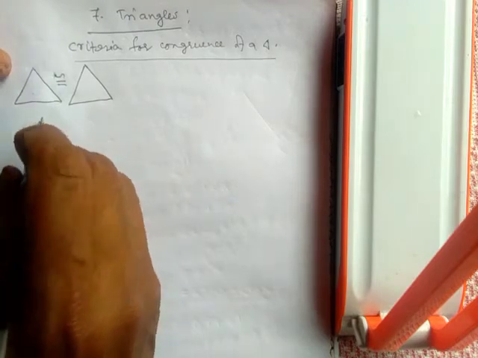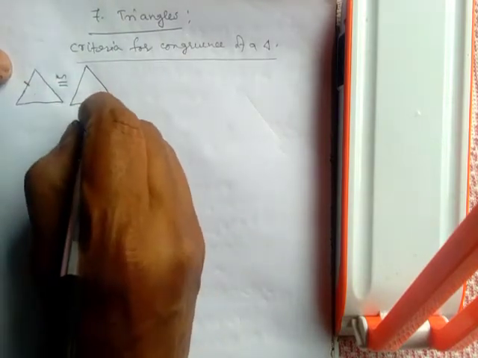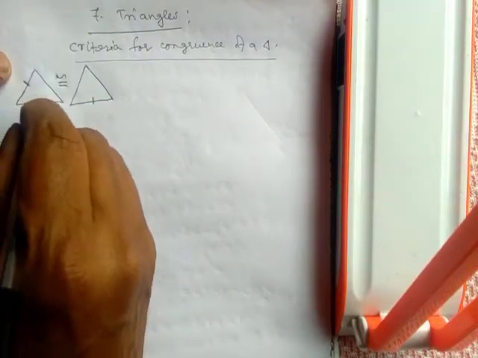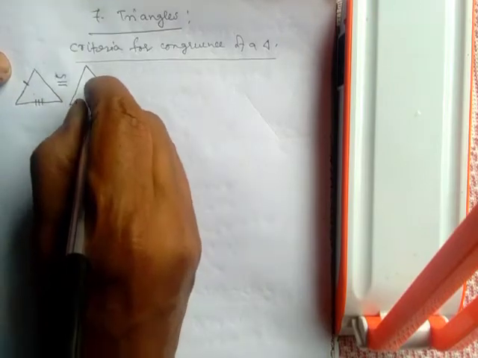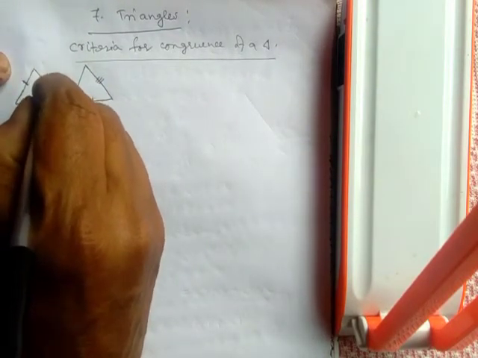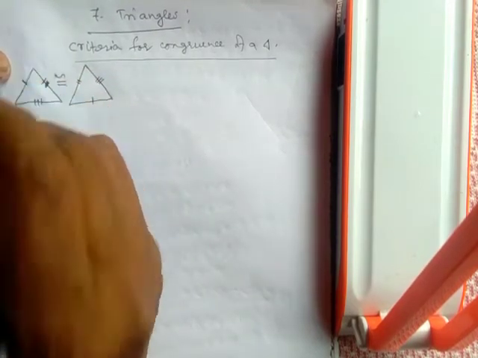Now here you see, suppose this side and this side, two sides, are equal to each other. This side is equal to this side. This third side is equal to the third side.